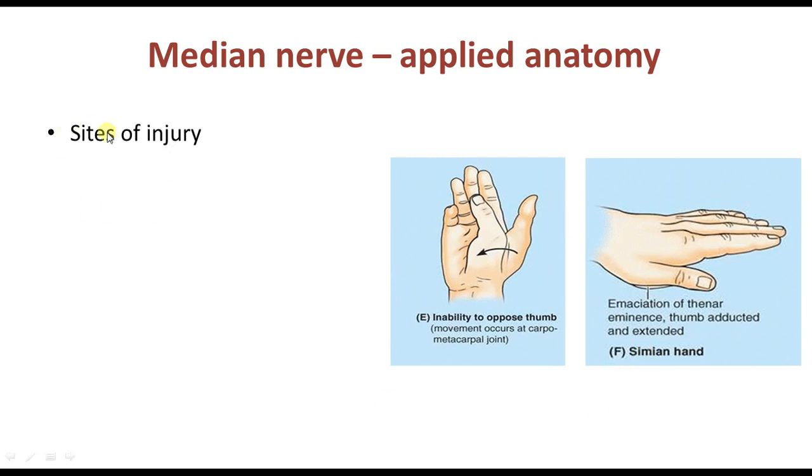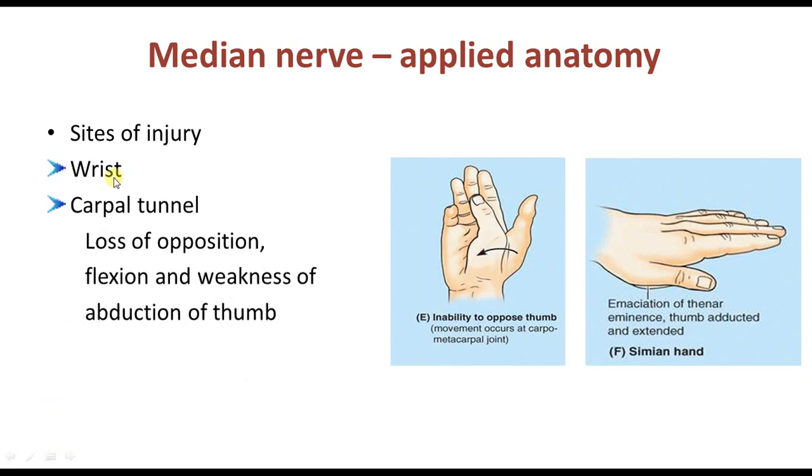So mainly the median nerve might get injured at the wrist, in any fracture on an outstretched hand, that is, fracture of the wrist bones. And in the carpal tunnel, as in carpal tunnel syndrome, there is loss of opposition, flexion and weakness of abduction of the thumb. Okay?